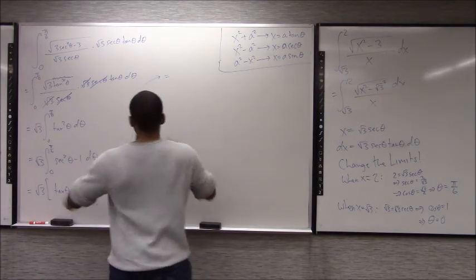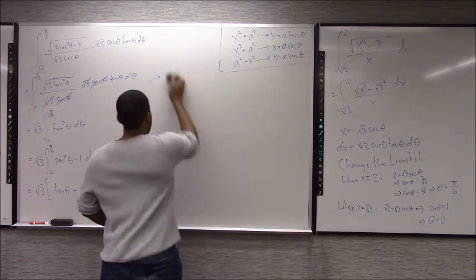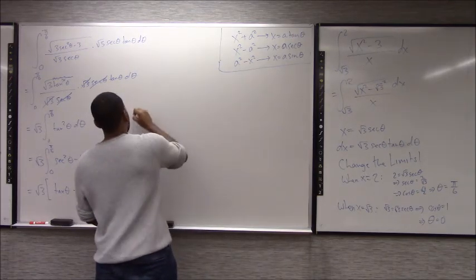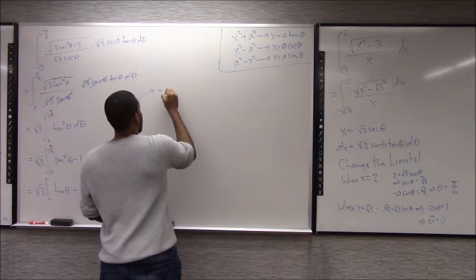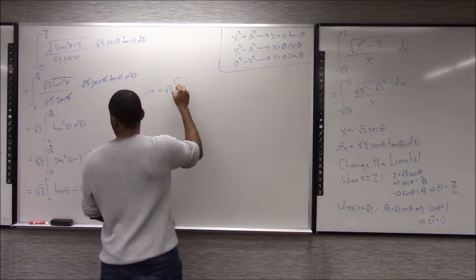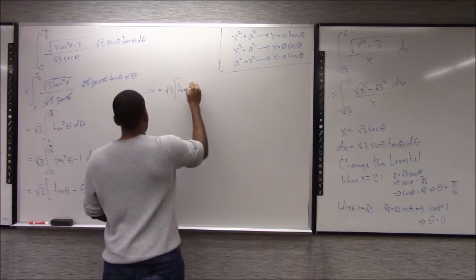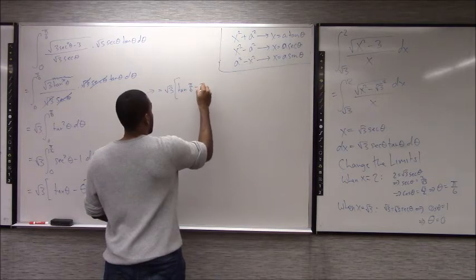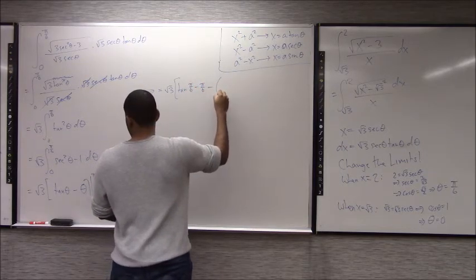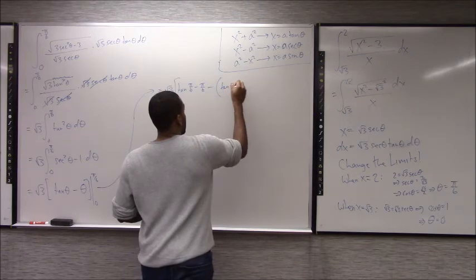So now I'm going to plug these guys in. The fundamental theorem of calculus comes into play, and so this would be radical 3 times tangent of pi over 6 minus pi over 6, minus tangent of 0 minus 0.